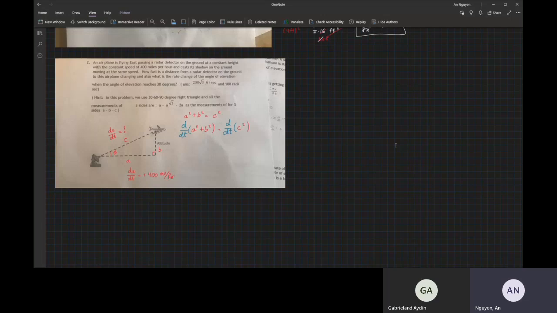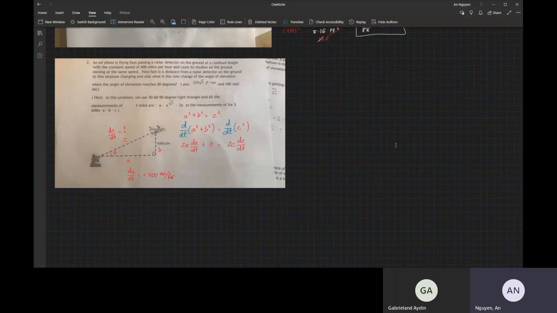The derivative of a squared is 2a dA over dt because of the chain rule, and the derivative of b squared is 0 because b is a constant, equal to the derivative of c squared, which is 2c dc over dt because of the chain rule. And then they want to know dc over dt specifically when theta is 30 degrees.